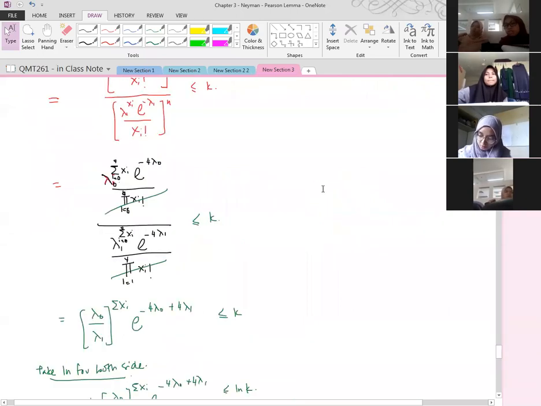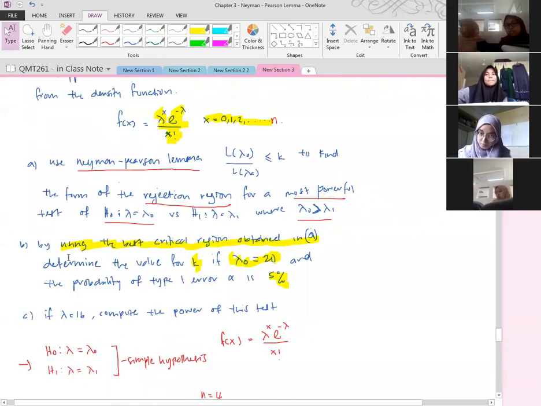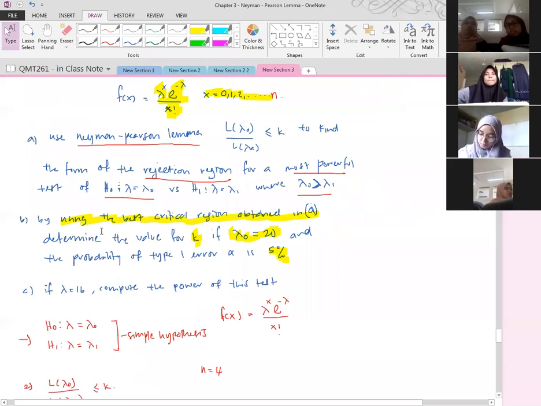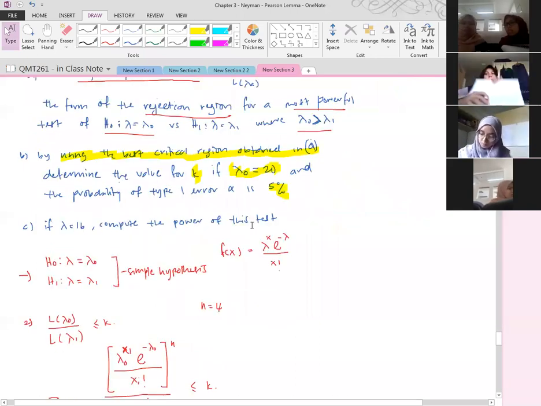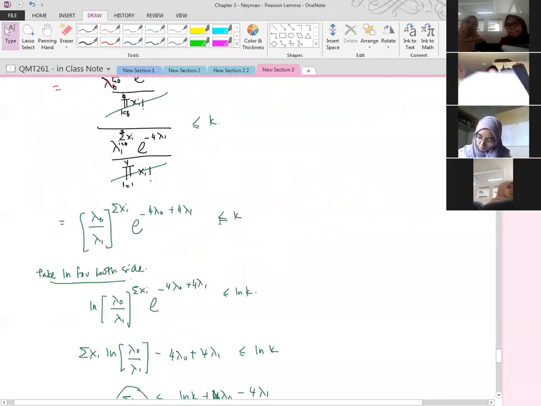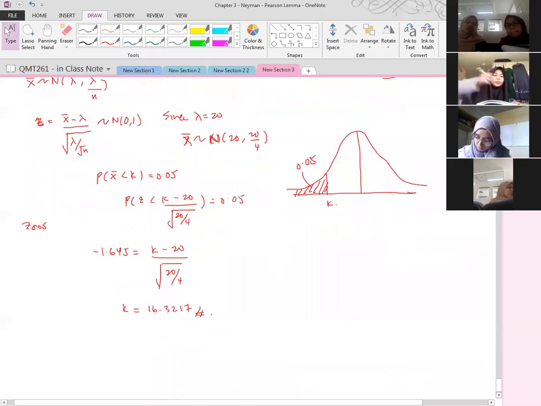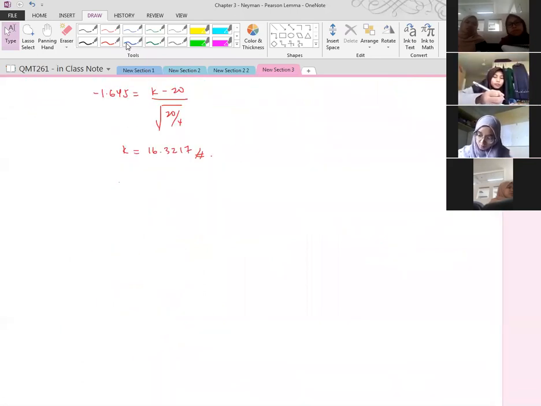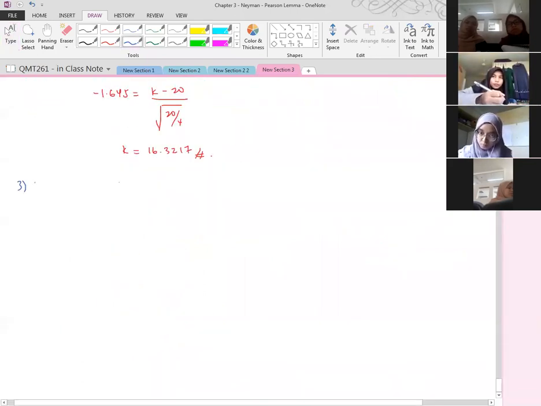So the last question is, if lambda is equal to 16, compute the power of the test. To compute the power of the test is very easy. It's based on type 2 error. So number 3, power of the test is equal to 1 minus beta.